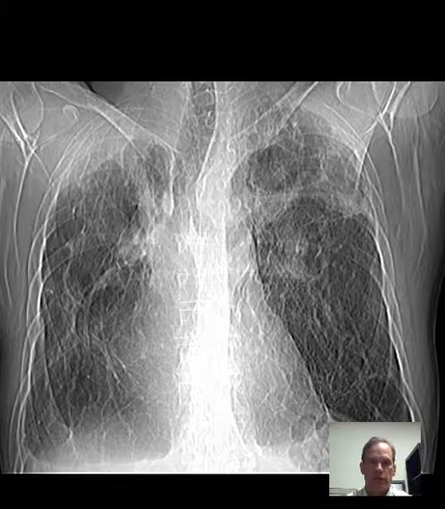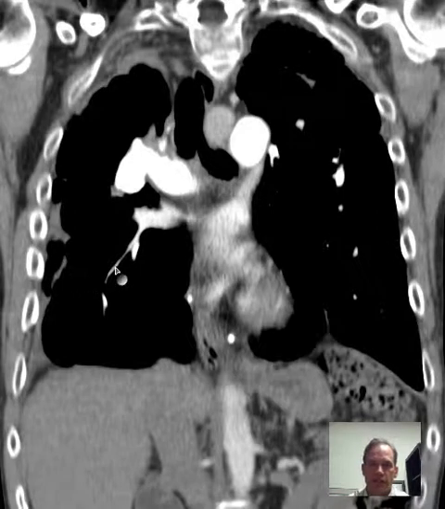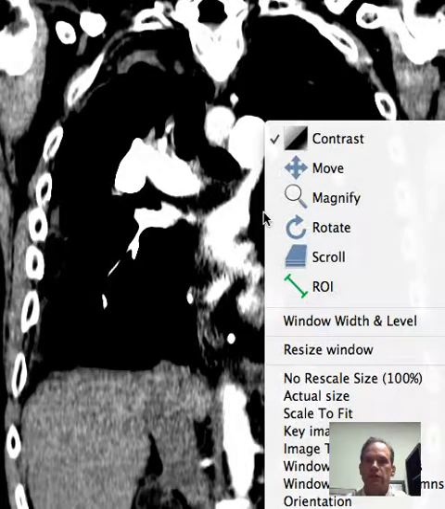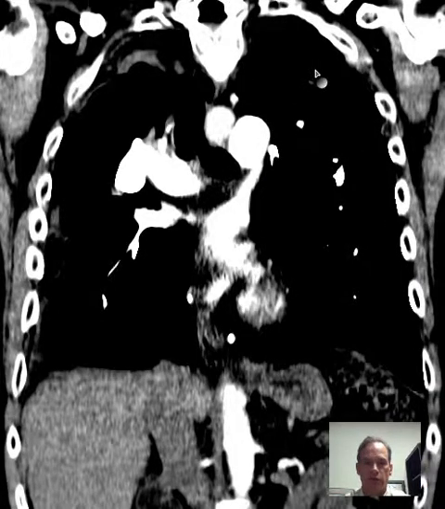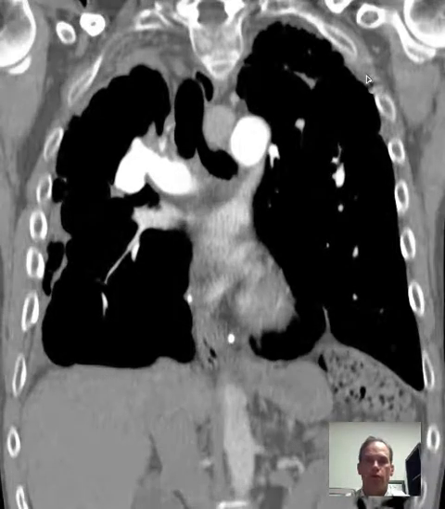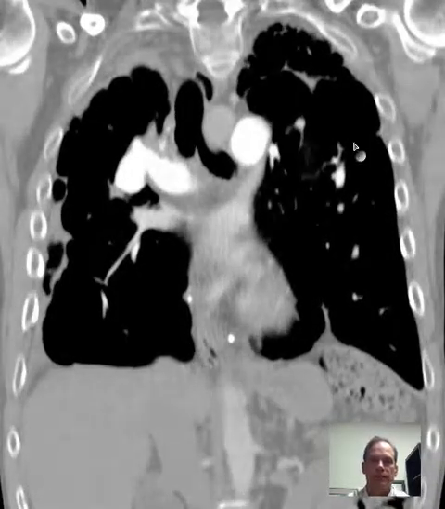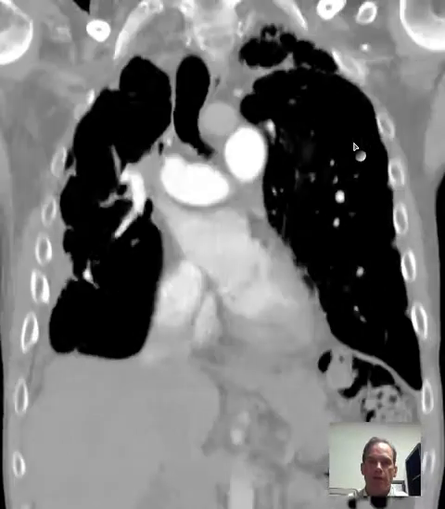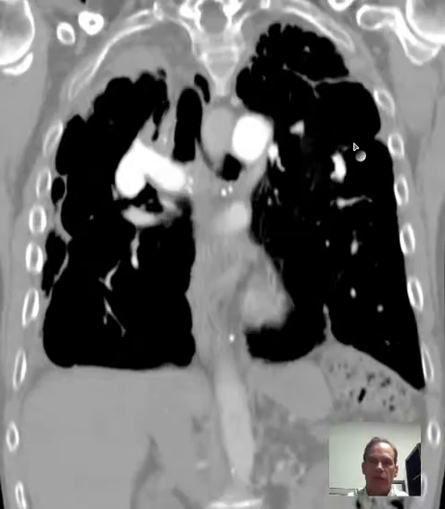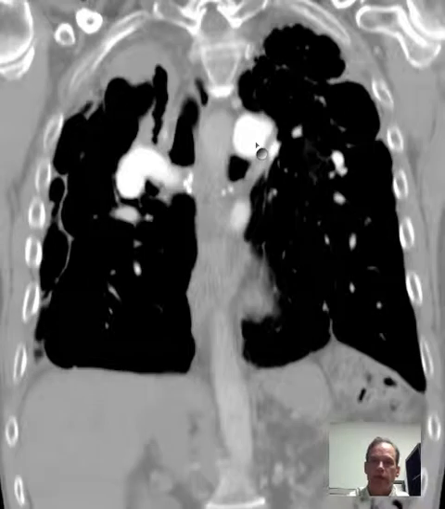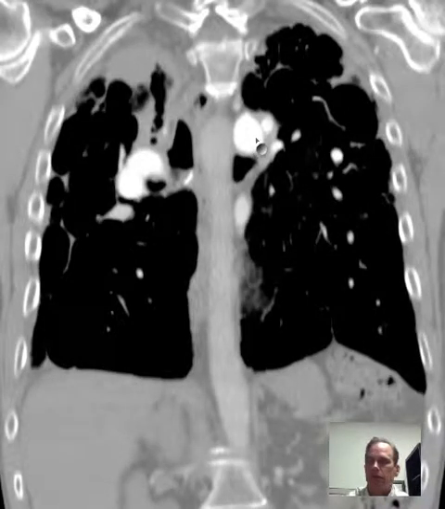So let's look at the CT of that and put that on a nice intermediate window. Maybe that'll work. Look how high the hilar are. The left is way up there. It's at the level of the aortic arch.